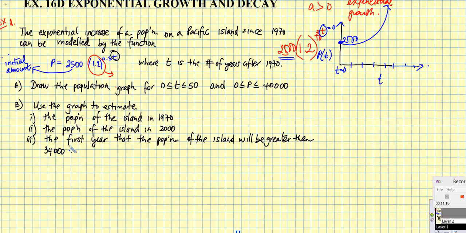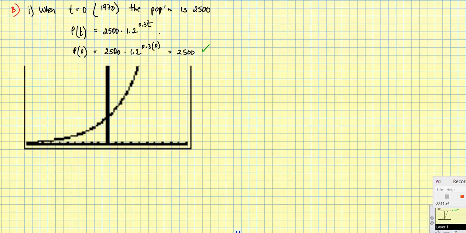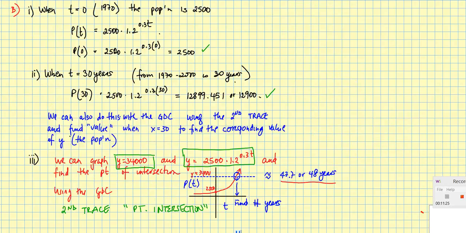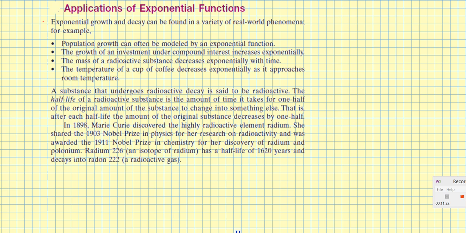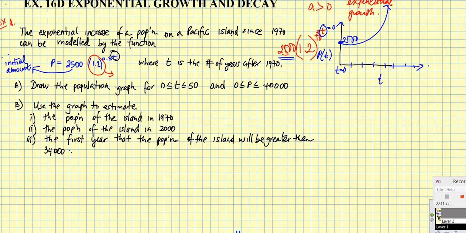All right, the next question says, use the graph to estimate the population of the island in the year 2000. So if we try to figure out what it's going to be in the year 2000, what I would do using my graph is go along until I hit 30 years, because 1970 plus 30 gives me 2000.